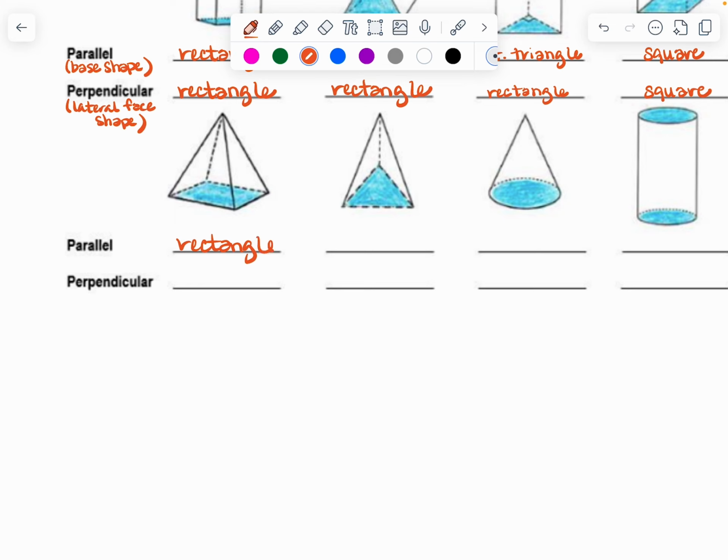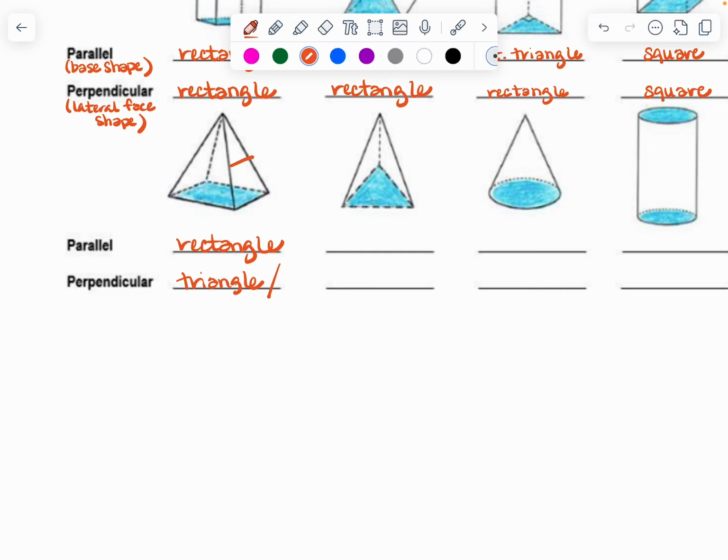All right, then we're just going down here really quick, right? Pyramid, same thing. It's going to be the shape of the base, right? So if I slice through it horizontal or parallel to the base, then I'm going to get a rectangle. Now, if I go perpendicular to the base, we talked about this in our notes. If I go through the apex, then it's going to be a triangle.